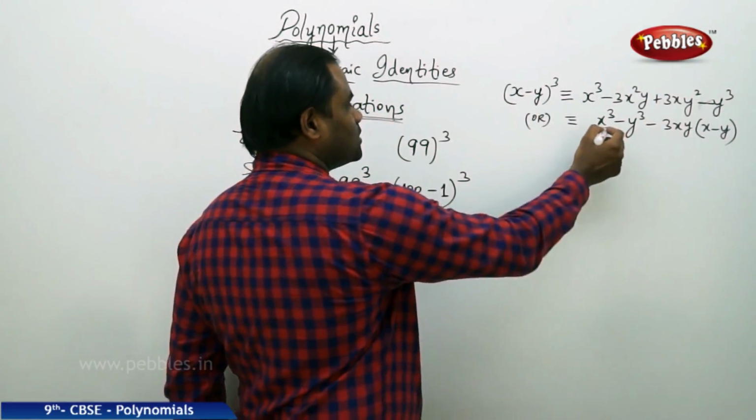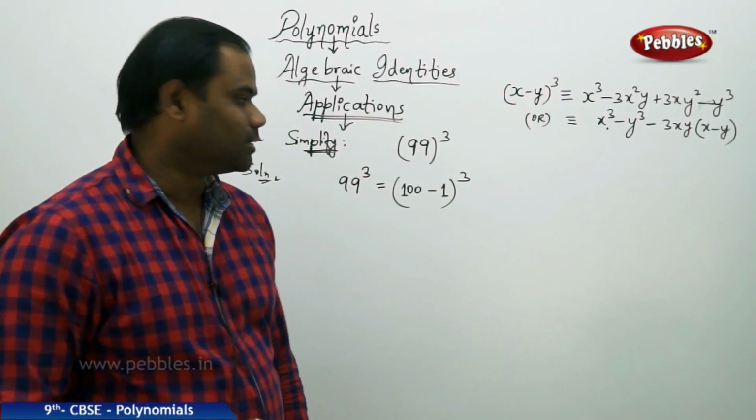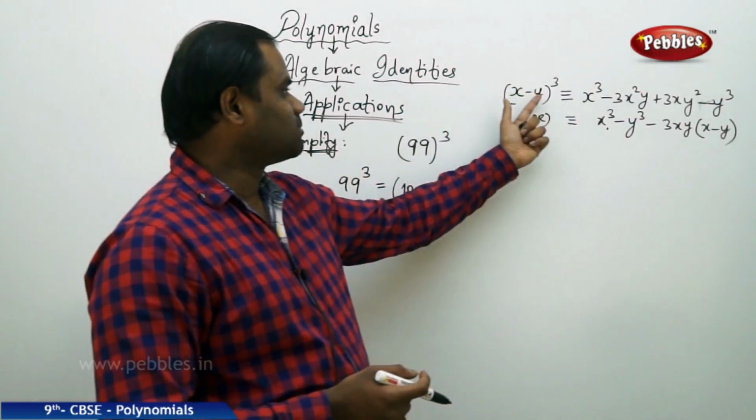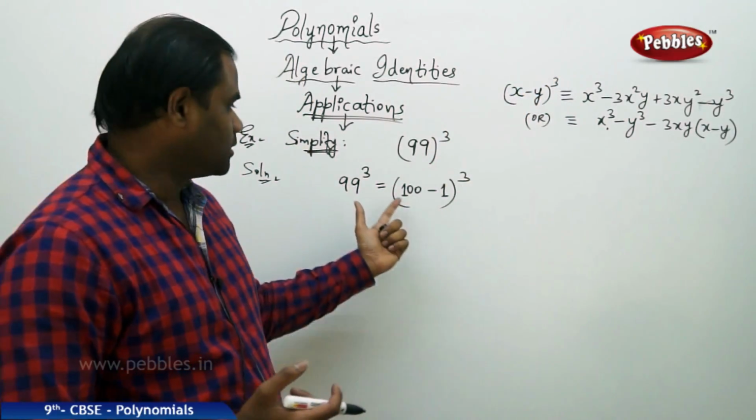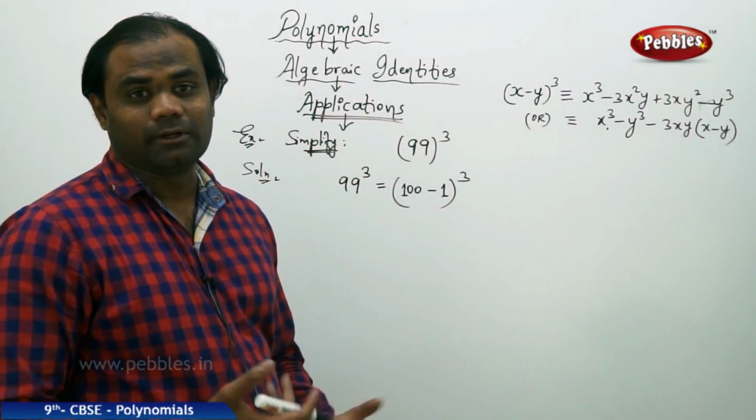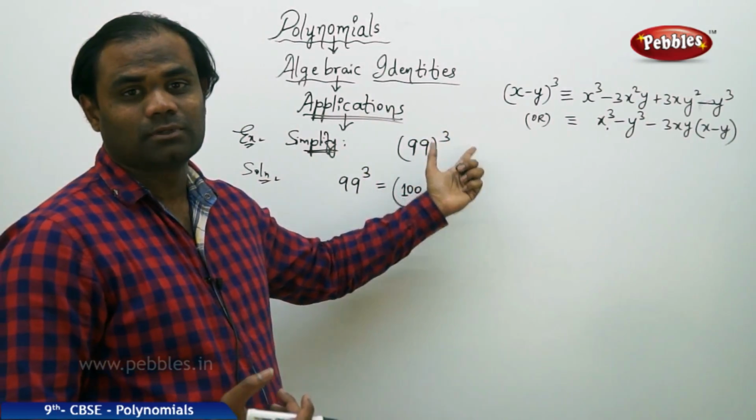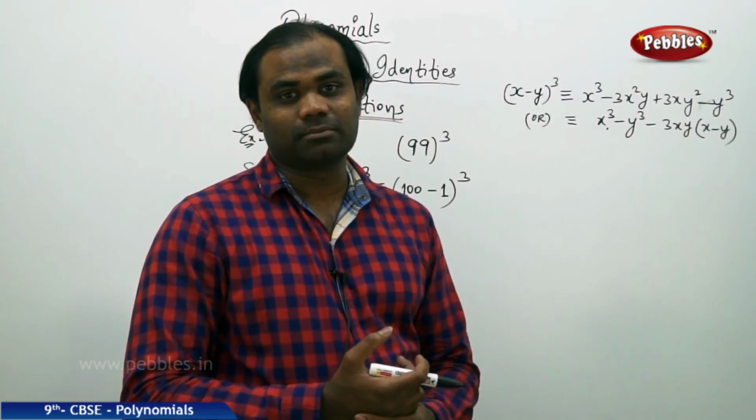Both mean the same identity for x minus y whole cube. So I'm going to use the second form of the identity for expanding x minus y whole cube, that is 100 minus 1 whole cube, indirectly 99 cube. So let's see how the expansion proceeds.